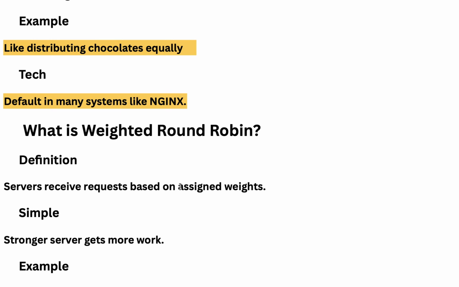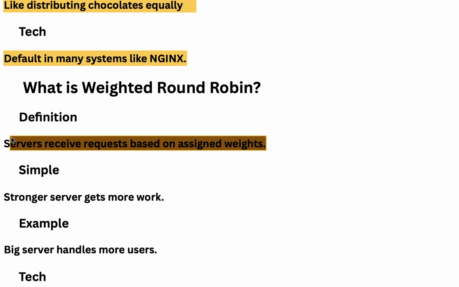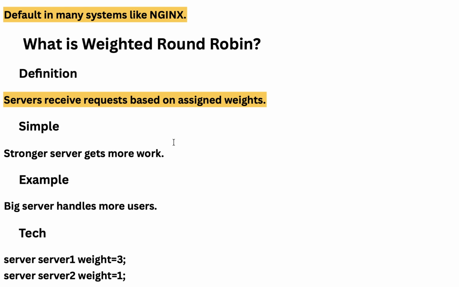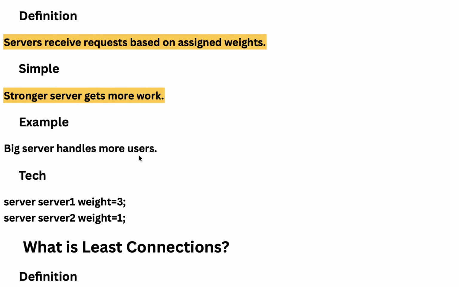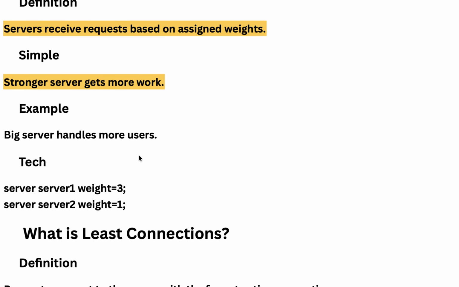Otherwise it will just continue to the other servers. Servers receive requests based on assigned weights. These weights can be provided historically, or real time monitoring can also be done, but it is much more costly than static weights.